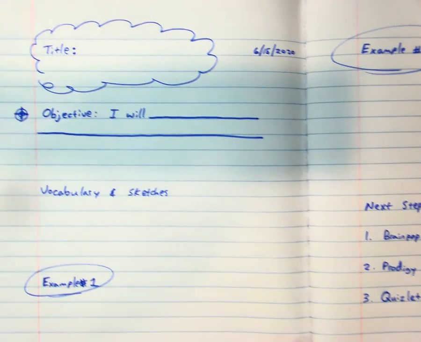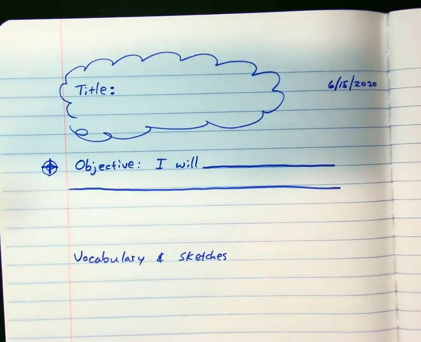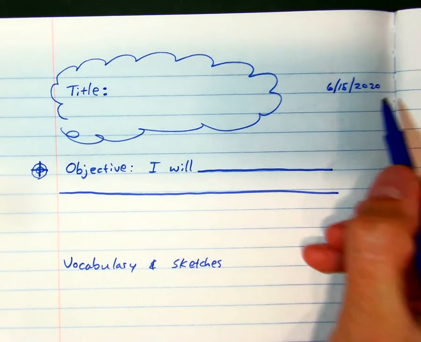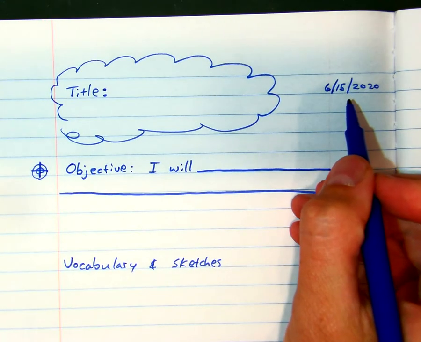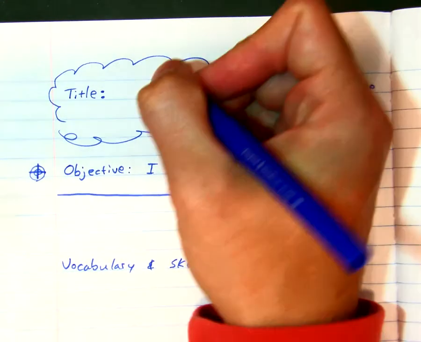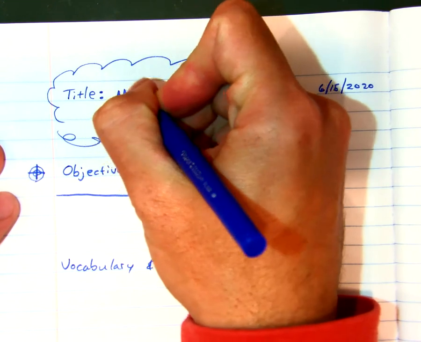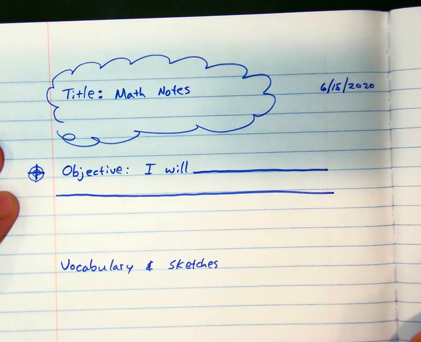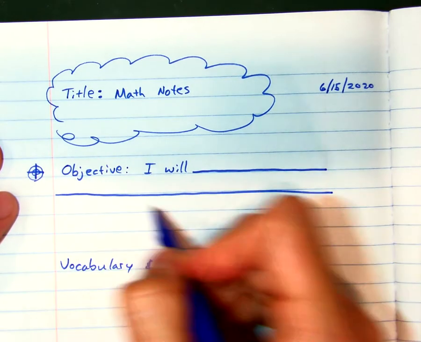Let's zoom in. Every one of my online tutorials will begin in a similar fashion. I will again put the date. I will put in the title, and this was Math Notes. And I always have a target or an objective.